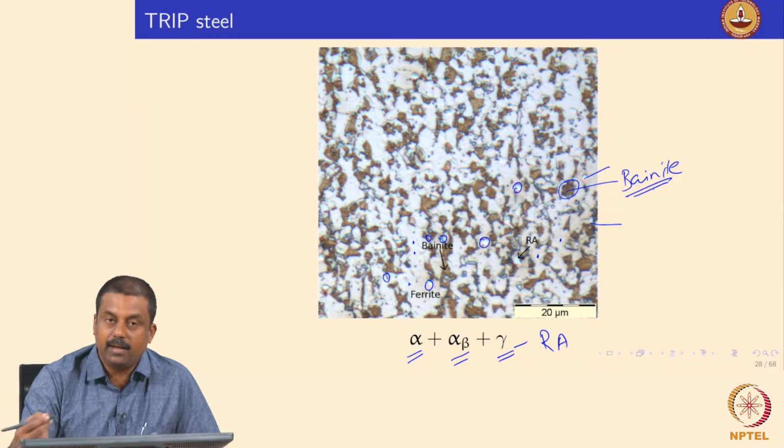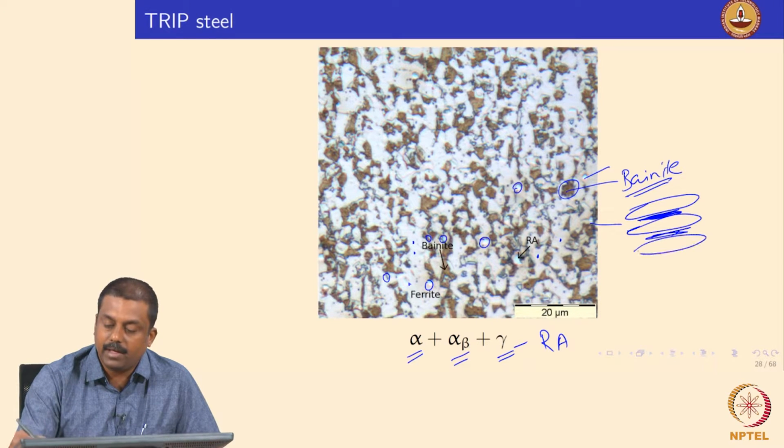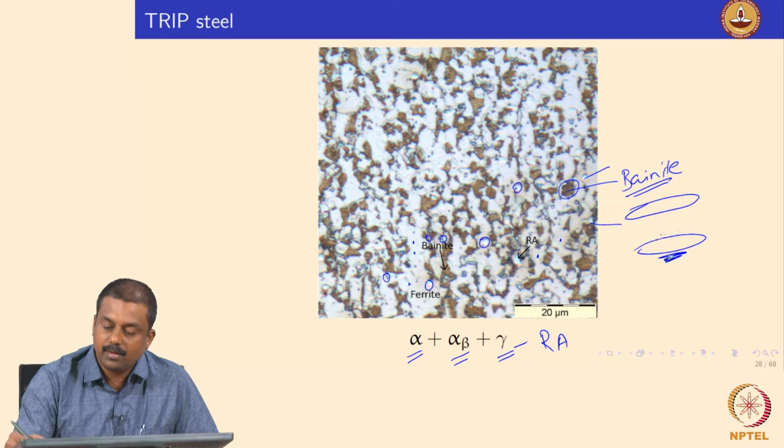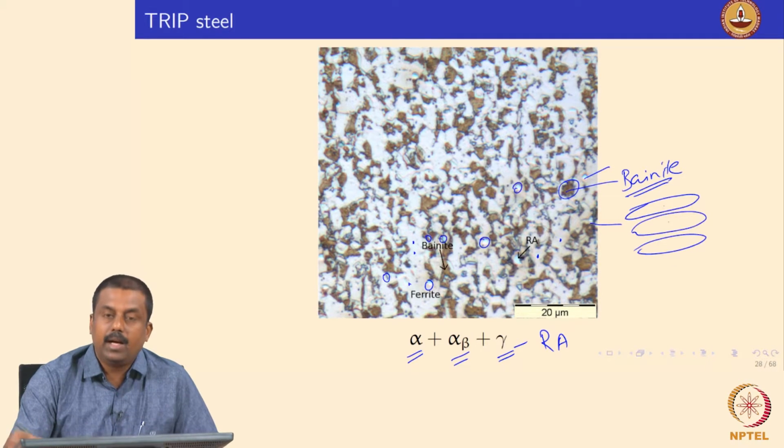So you recall when I talked about bainite formation, bainite contains a ferrite lath, in between you have cementite, and then again ferrite, and then cementite, and then again ferrite and cementite in a conventional bainite microstructure. But in this TRIP steel, we add some alloying elements which can suppress this cementite formation. So you may end up forming ferrite slightly supersaturated in carbon concentration, so carbon atoms.